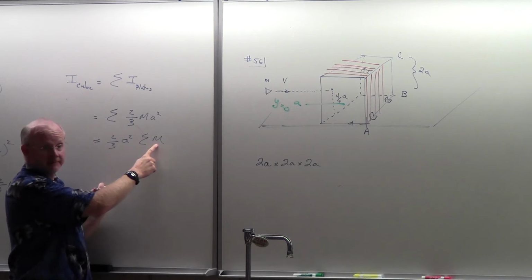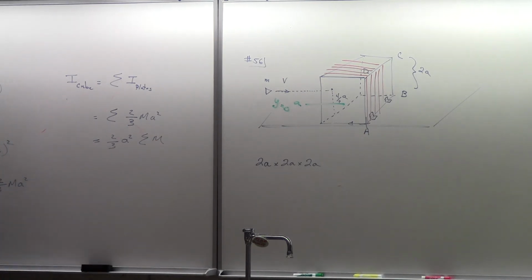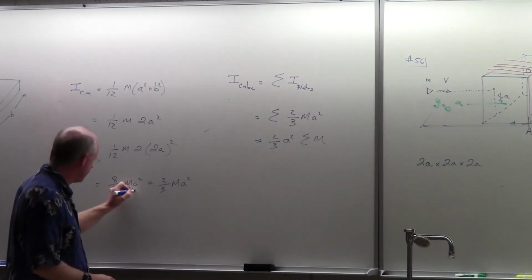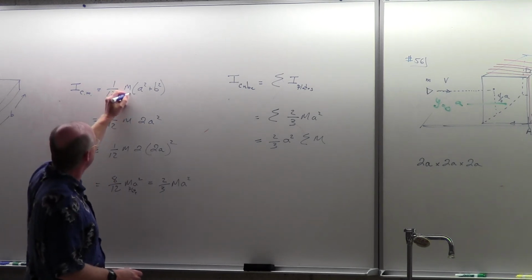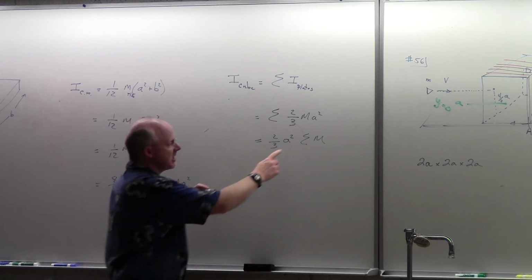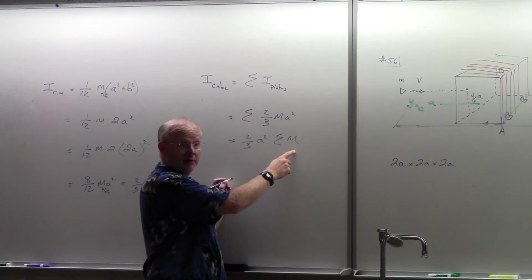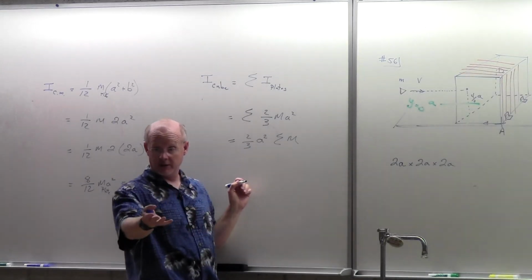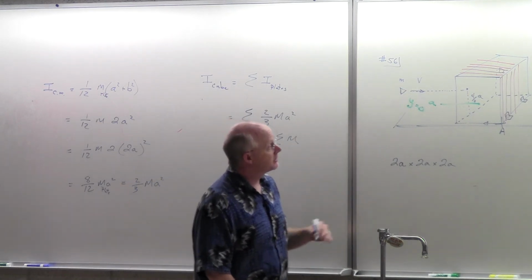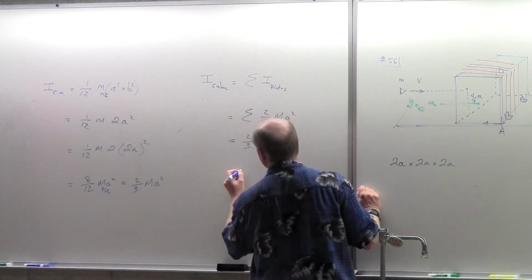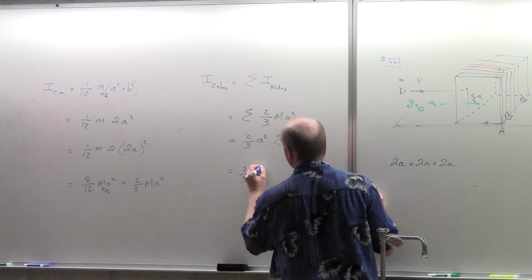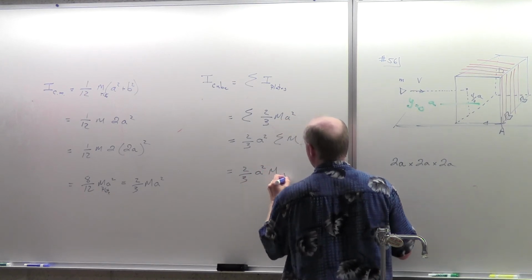What was this mass? And wasn't this the mass of a plate? Isn't that where this came from? So this is saying the sum of all the plates. Now if you add up the sum of all the plates, what do you get? The total mass of the cube. So this would just come out to be 2/3 A squared mass of the cube.